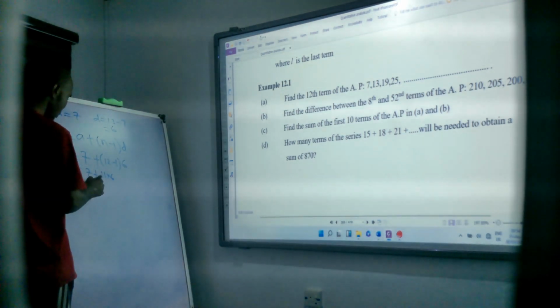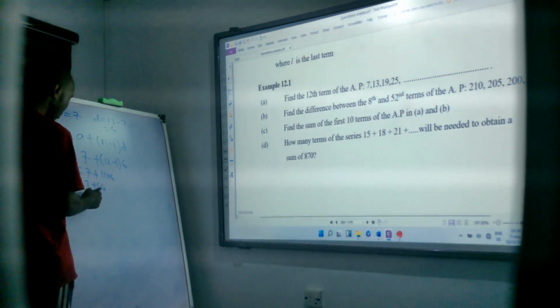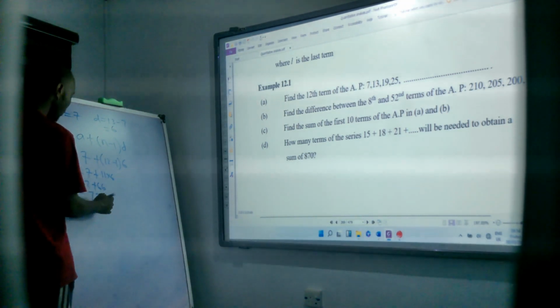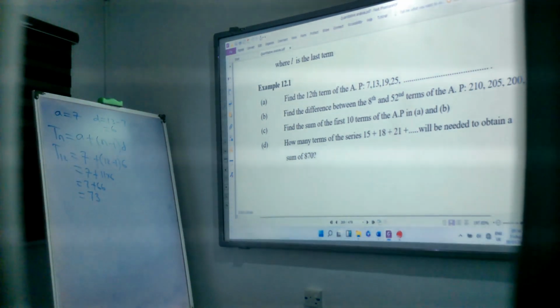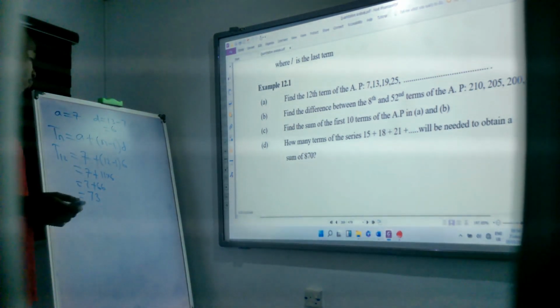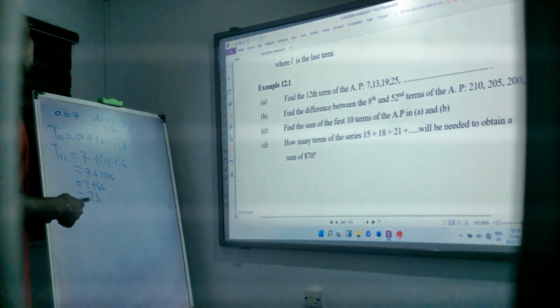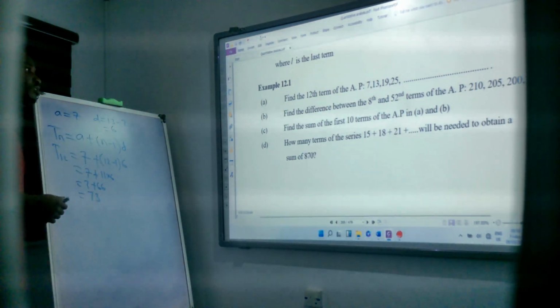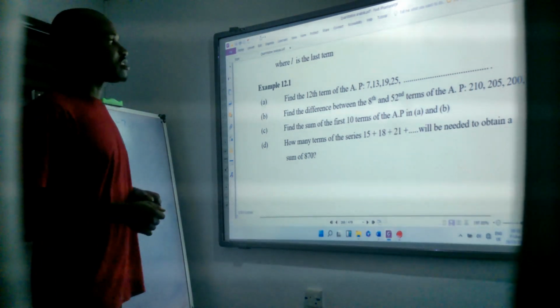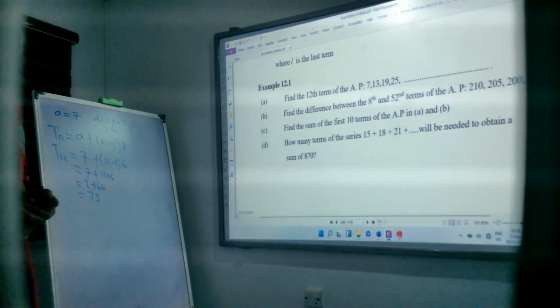So we have 7 plus 11 times 6, which is 7 plus 66. And our answer will be 73. Yes, that is actually our 12th term. So A has been answered.